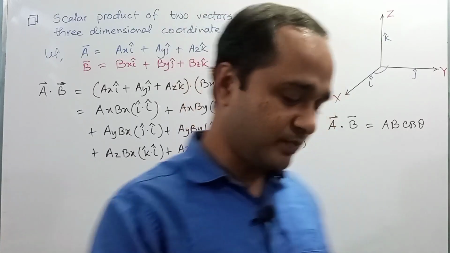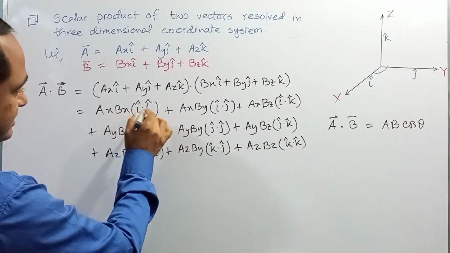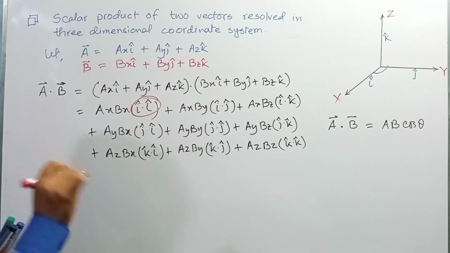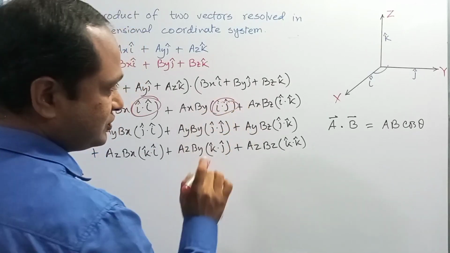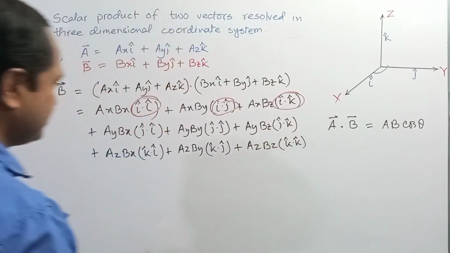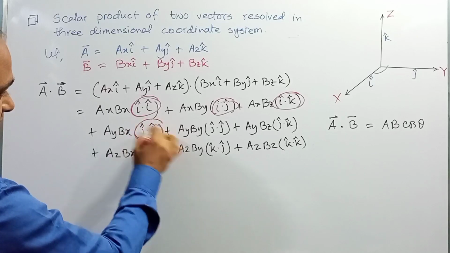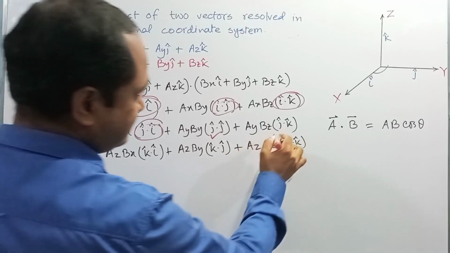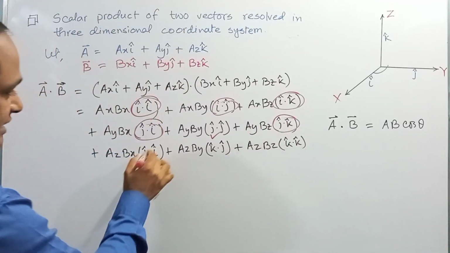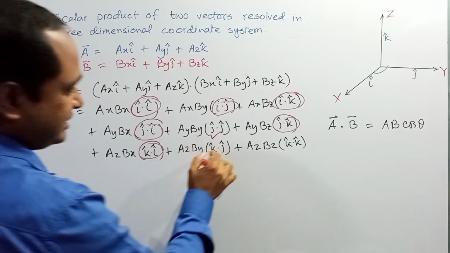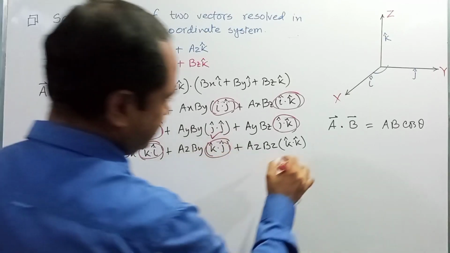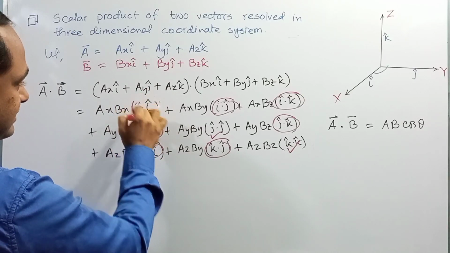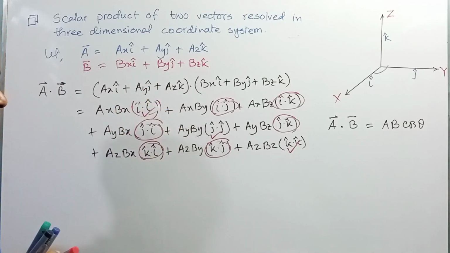Here i dot i, this part will give 1, i dot j, this part will give 0, i dot k, this part will give 0, j dot i, this will also give 0, j dot j, this will give 1, j dot k, this will give 0, k dot i, this will give 0, k dot j, this will give 0 and k dot k, this will give 1, because here there are two similar rectangular unit vectors.